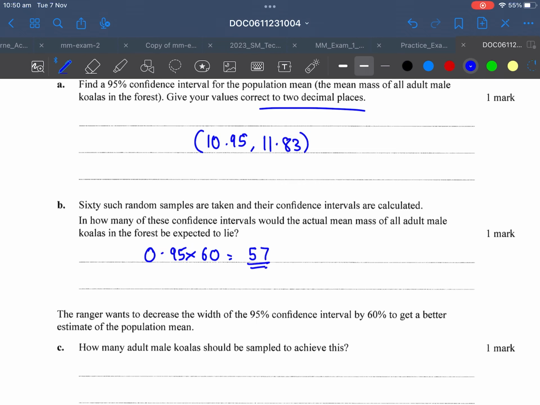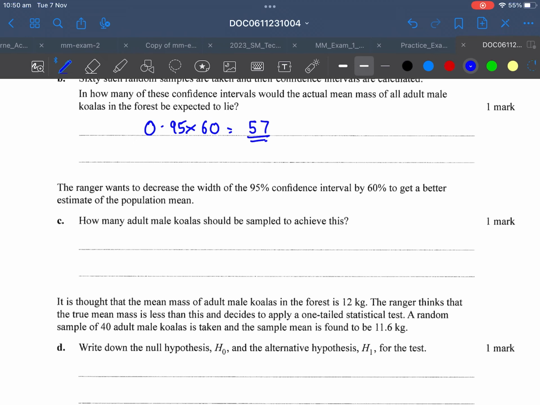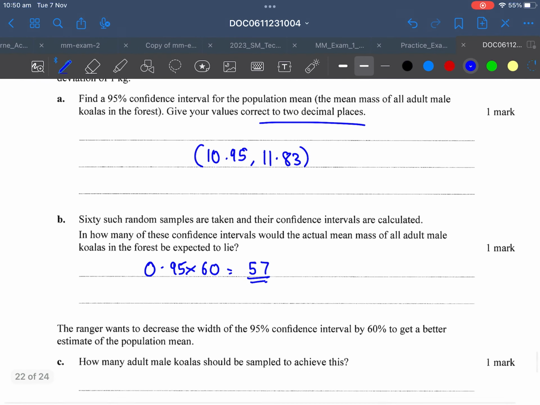Okay, and the ranger wants to decrease the width of the 95% confidence interval by 60% to get a better estimate of the population mean. How many adult male koalas should be sampled to achieve this? Okay, so what's the width of the current confidence interval?